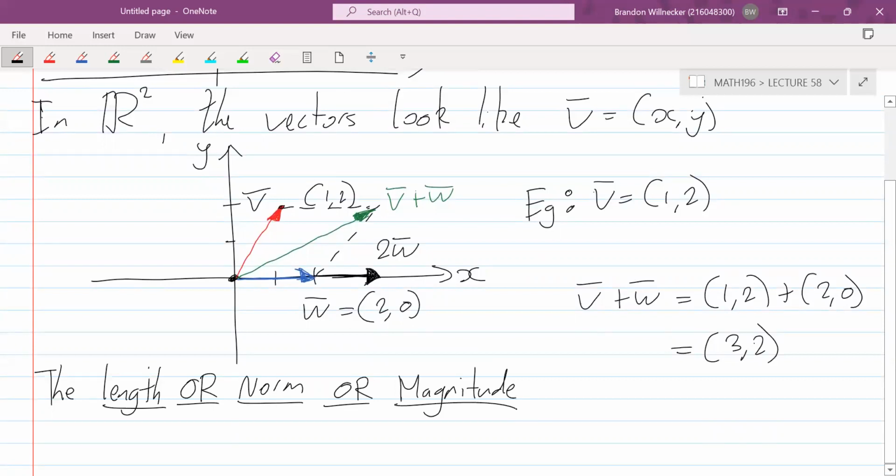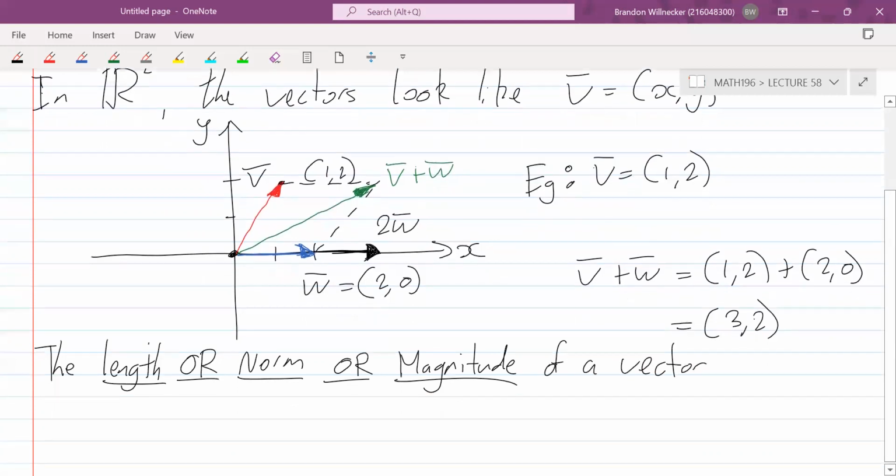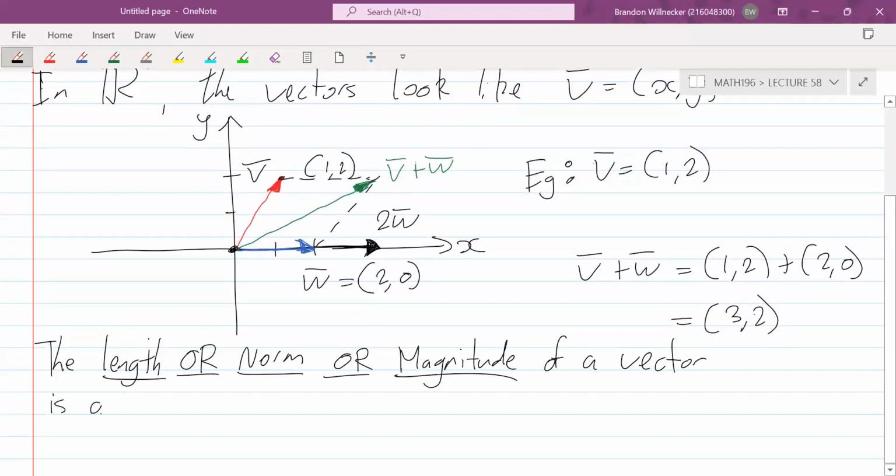Okay, so the length or norm or magnitude, it all means the same thing, of a vector is given by the length of that arrow that we made.